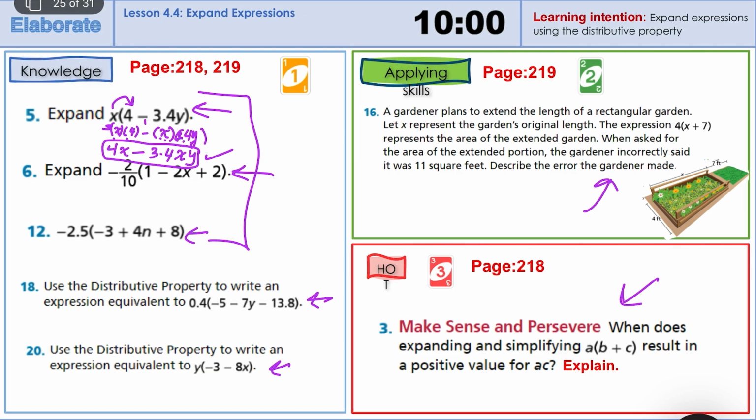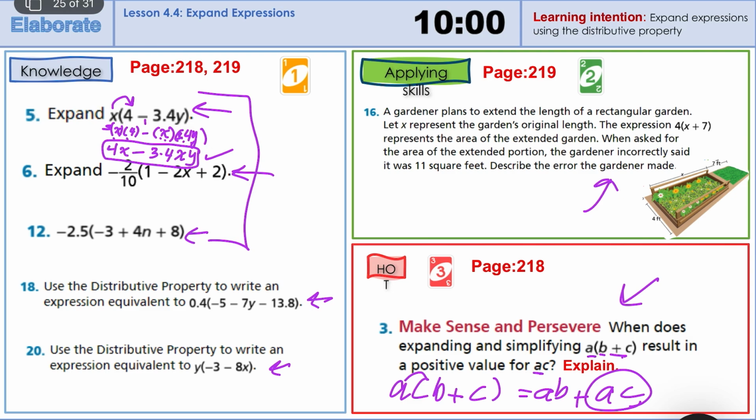They're asking, when you are expanding or simplifying a times b plus c, when are you going to get a positive value for ac? So if I want to expand a(b plus c), I will get what? A times b, which is ab, and a times c, which is ac. When is the ac part going to give me a positive value?